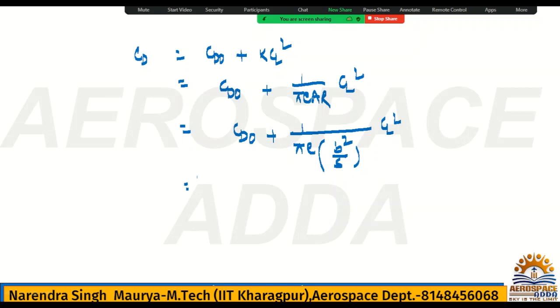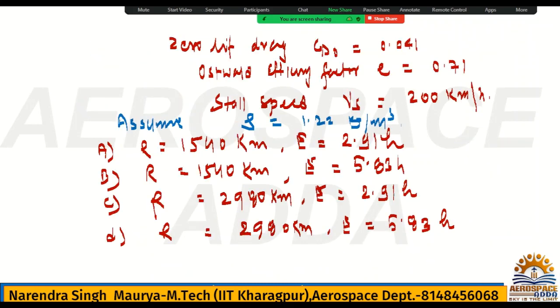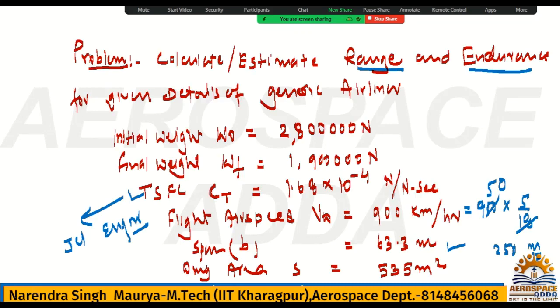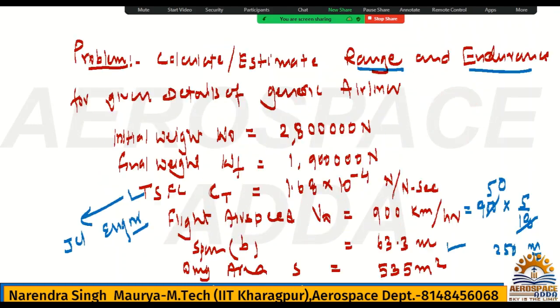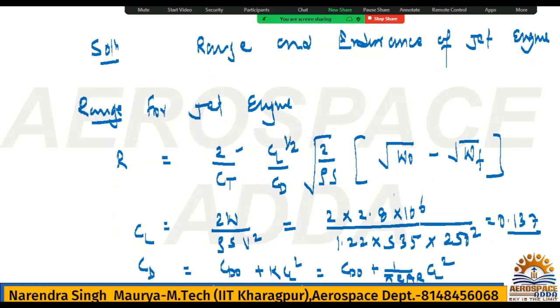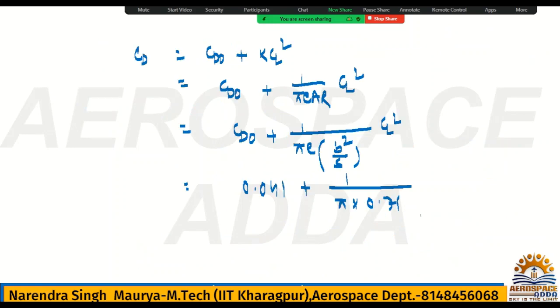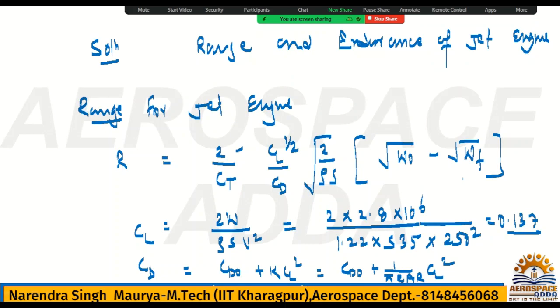Okay, 0.041 plus 1 upon pi into E, 0.71. What is the span? The span is 63.3, area is 535. 63.3, 535. And CL is nothing but 0.137.